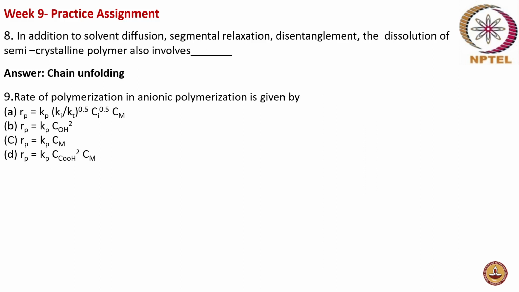Rate of polymerization in anionic polymerization is given by: rate Rp is equal to Kp into Ki by Kt power half, Ci power half, Cm, or is it rate of polymerization is equal to Kp into COH square, or is it rate of polymerization is equal to Kp into Cm, or is it option D, rate of polymerization is equal to Kp into COH square into Cm?